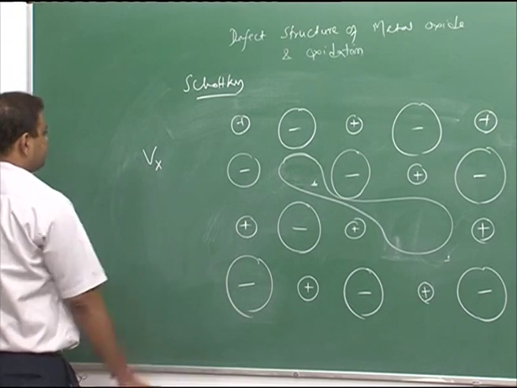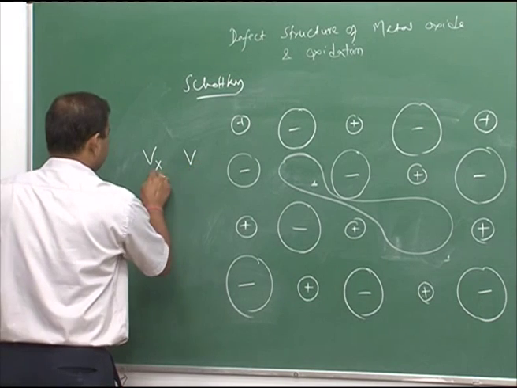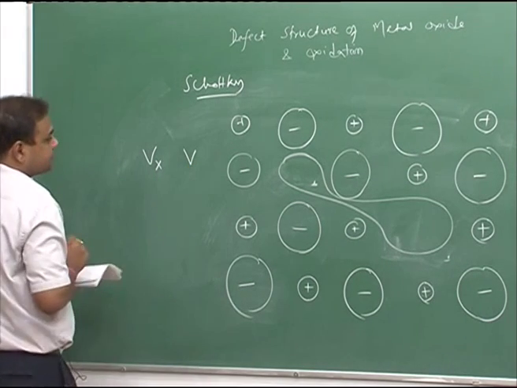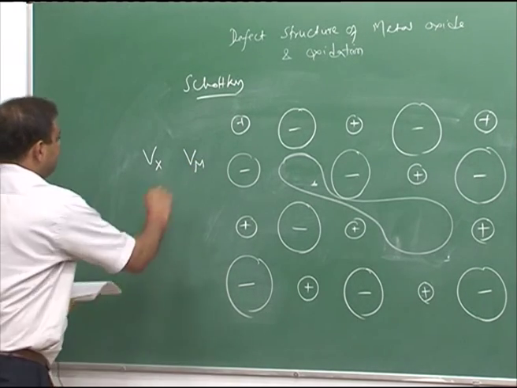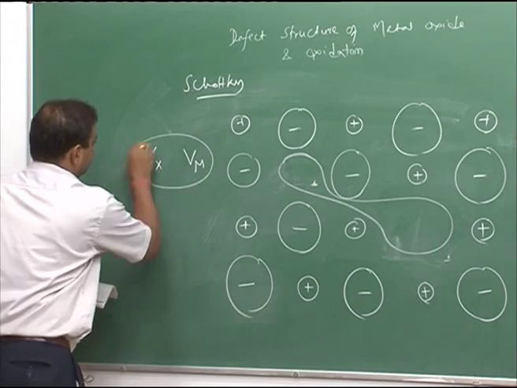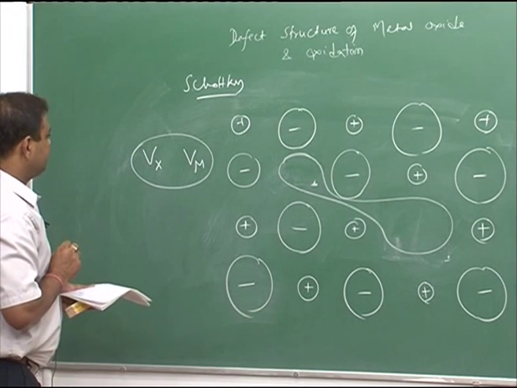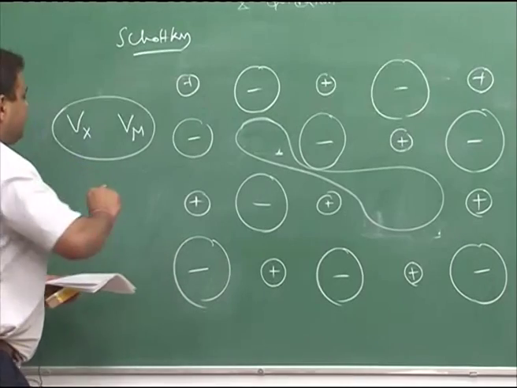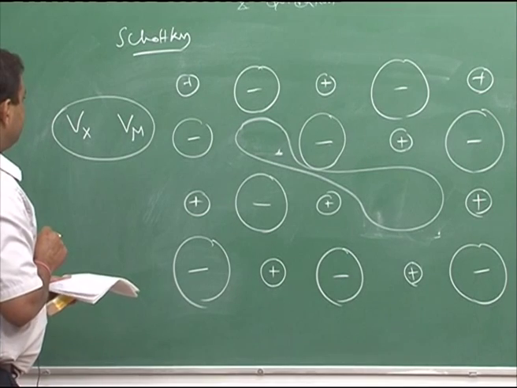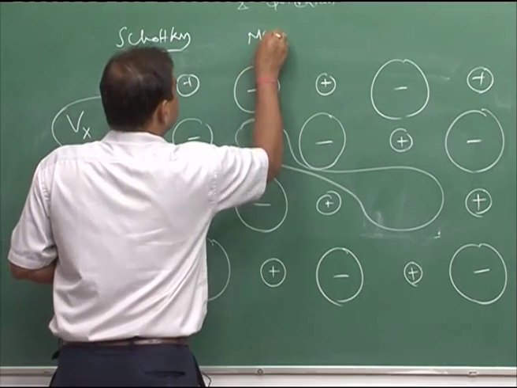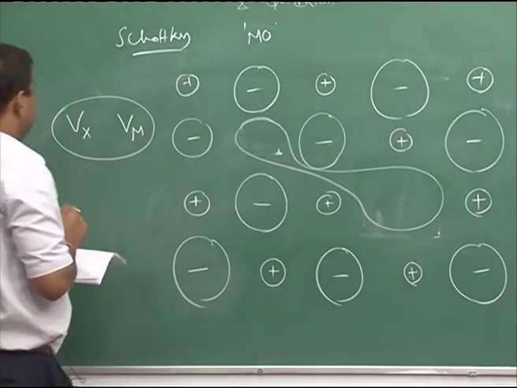Let us say the anion is denoted as X and the cation is denoted as M. So, the same number of cations and the same number of anions are missing from their normal lattice points, and in this case the overall stoichiometry MO is maintained.